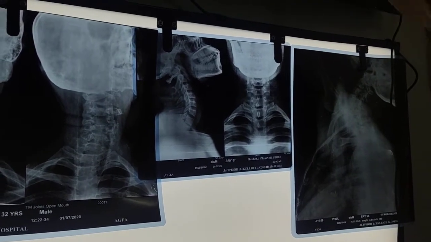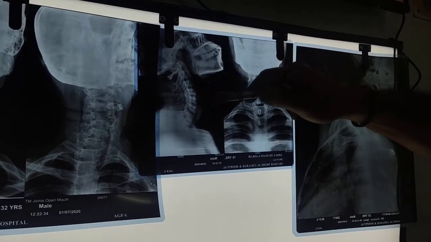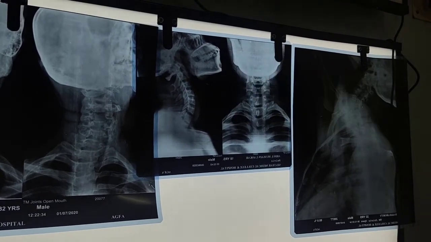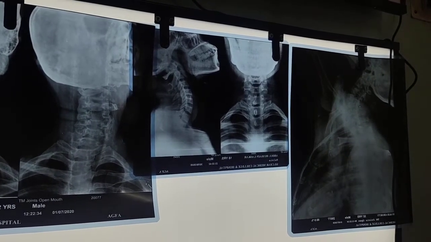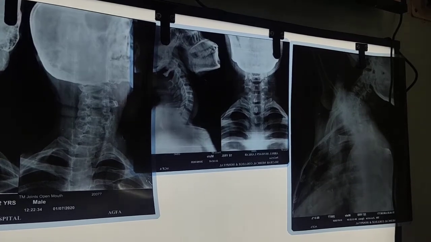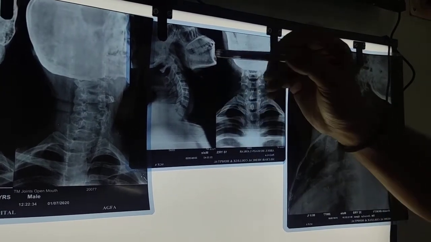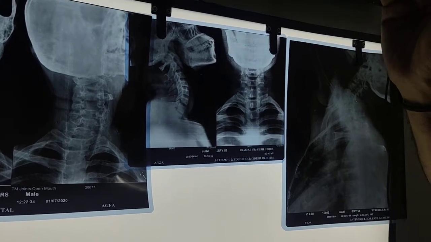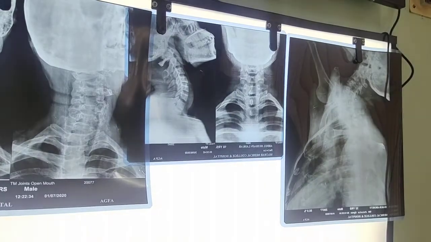Now we will talk about below. While reading the X-ray of the cervical spine, we mostly give more importance to the lateral view. The AP view is also important, but the lateral view is more informative. So in a cervical spine injury, reading and studying the lateral view is very important.